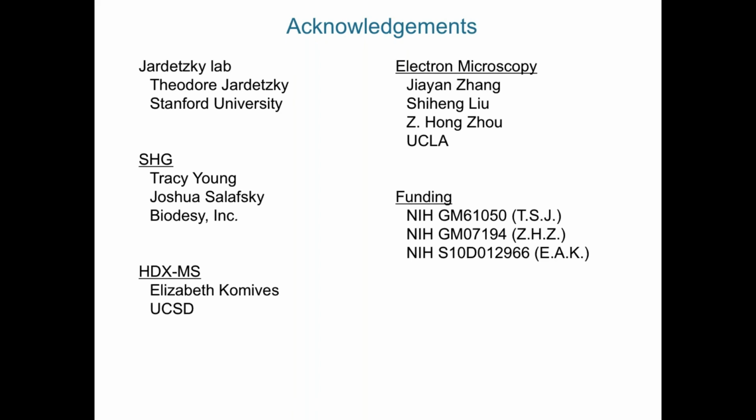The main limitation is actually the time it takes to produce the protein and to get access to the instrument. I think as long as you have those, developing the assay and optimizing the conditions can happen fairly quickly.